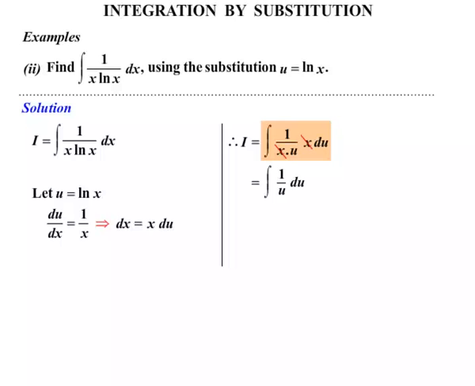So therefore we have it equal to the integral of 1 on u du. So the whole integral is in terms of u now. Now of course, integrating 1 on u, we get log of u plus c. And final step, log of u, well, that u was in fact log x. So the final answer, it equals the log of log x plus c.